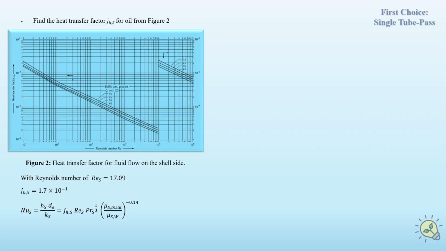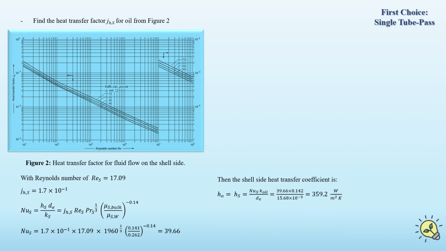And the Nusselt number will depend on the heat transfer factor, Reynolds number, Prandtl number, and the effect of temperature on the viscosity as designated by the last term to the power minus 0.14. And that will end with a value for the Nusselt number on the shell side of 39.66.